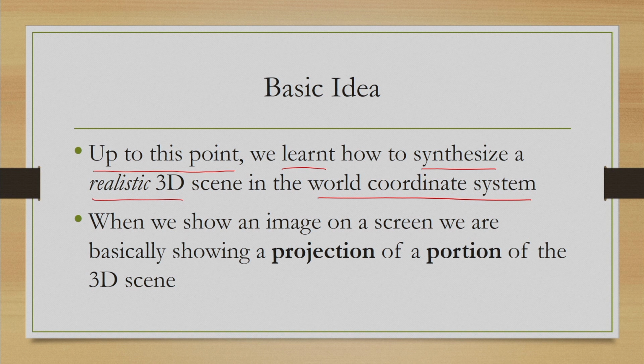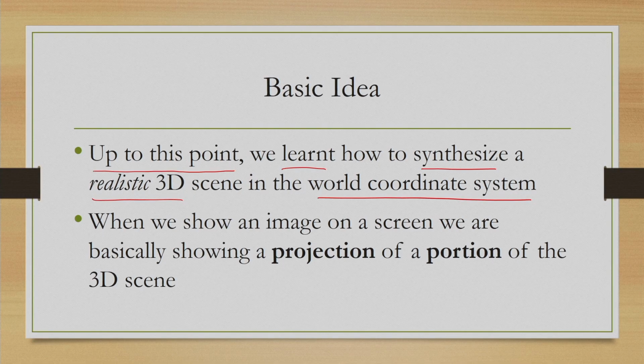So, we started with the object definition stage or object representation stage, then we put together the objects in the second stage, modeling transformation stage, to construct a world coordinate scene, and then in the third stage we assigned colors in the world coordinate description of the scene to make it look a 3D scene. So, the knowledge we have gained so far is good enough to explain how we can create a 3D realistic scene.